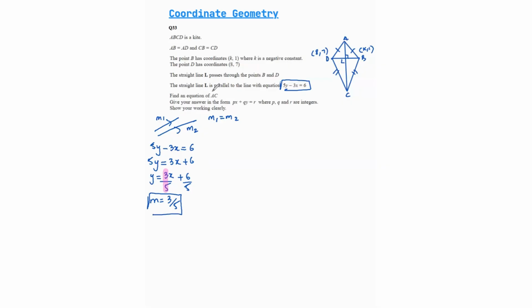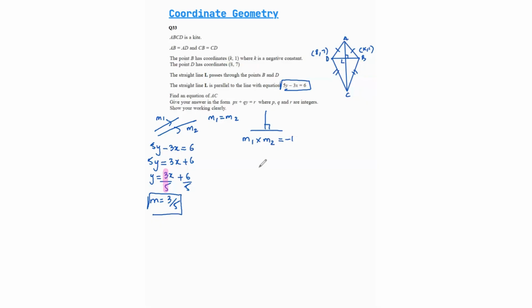Since the straight line L, which is passing through B and D, is parallel to 5y minus 3x equals 6, that means it also has the gradient of 3 over 5. Now, if this line has the gradient of 3 over 5, we can find the gradient of AC. As I said, they are perpendicular, so m1 times m2 would be equal to -1.